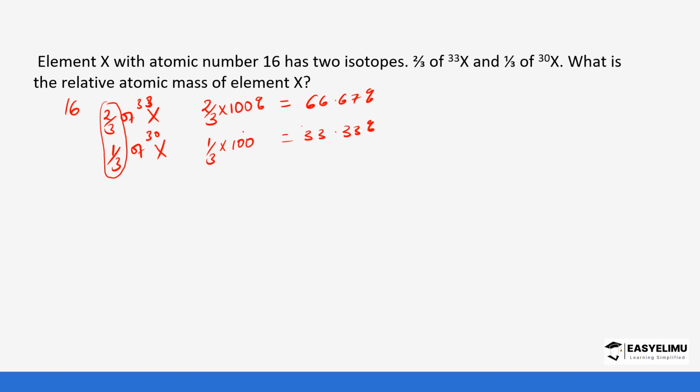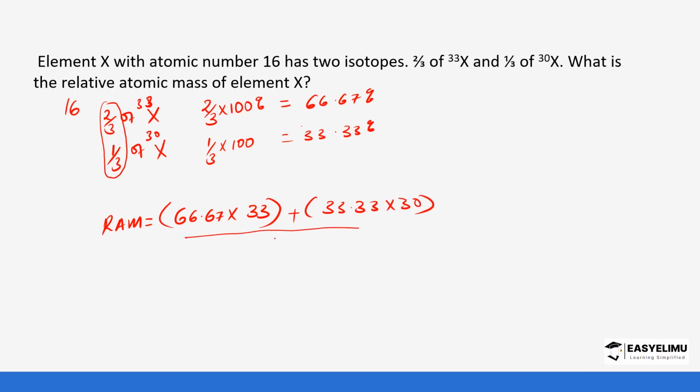So you use that. Relative atomic mass equals 66.67% times the mass, which is 33, plus 33.33 times the mass, which is 30, everything over 100.